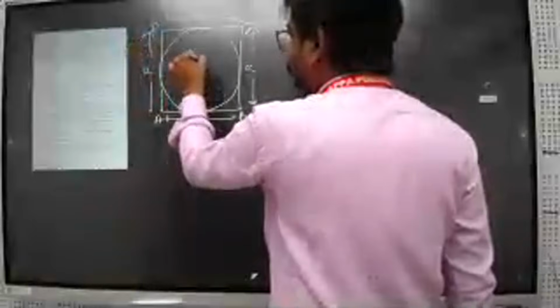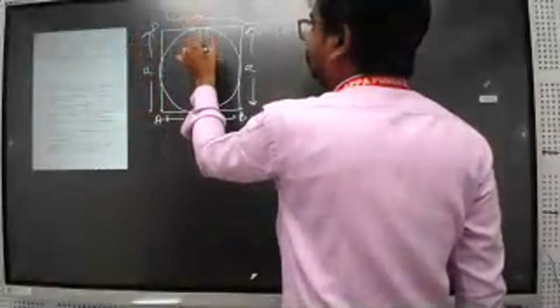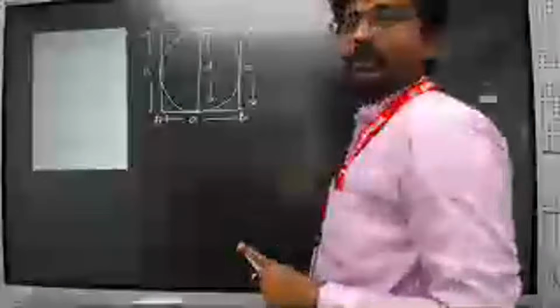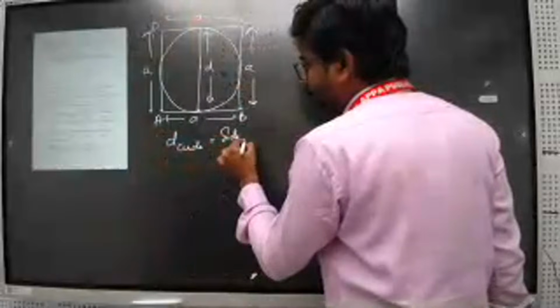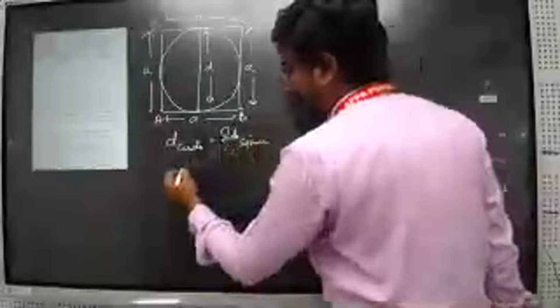If I join these 2 points, it will become the diameter of a circle. So when such figures are there, always remember the diameter of the circle is equal to the side of a square. In simple, D is equal to A.